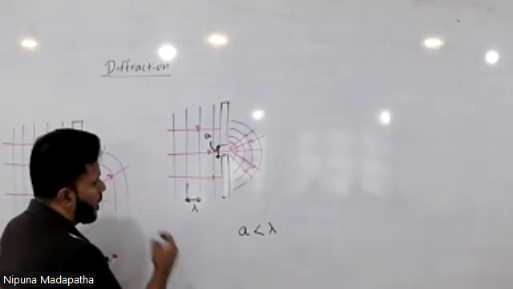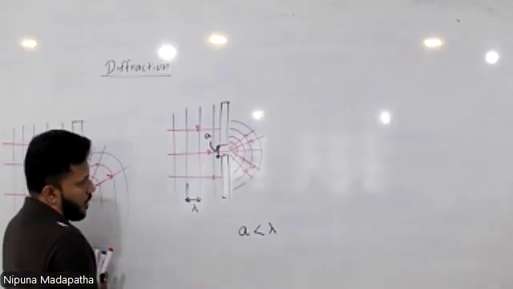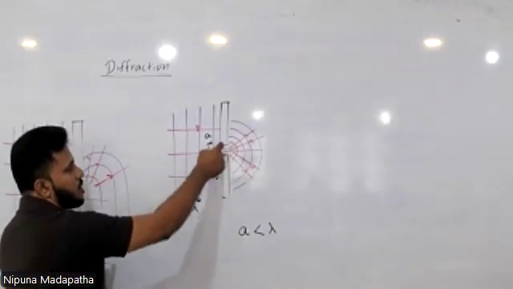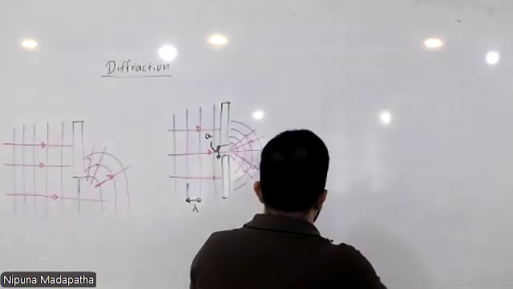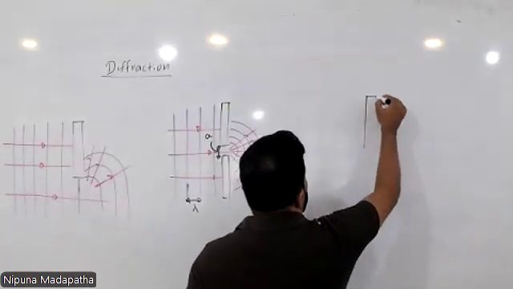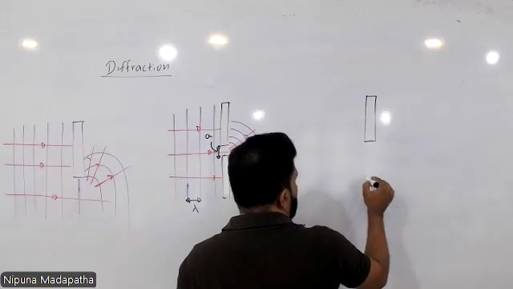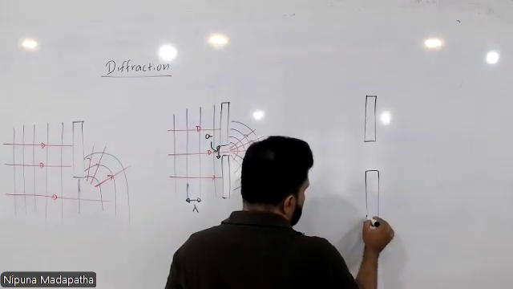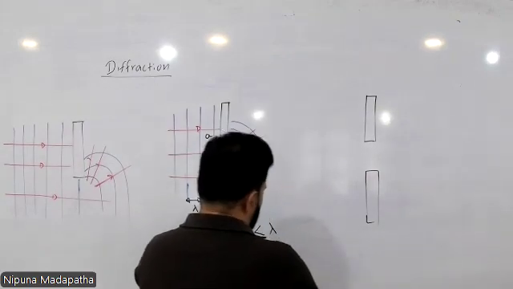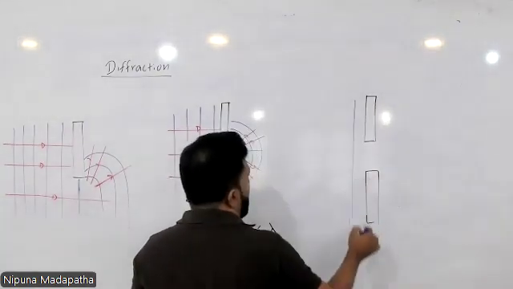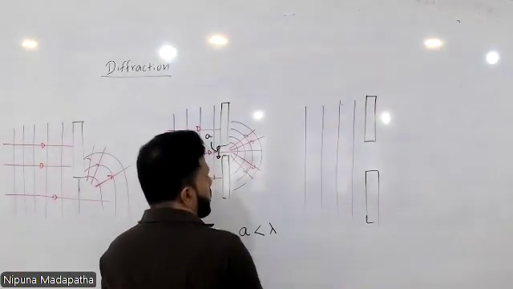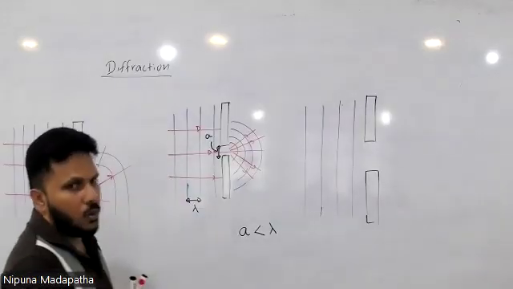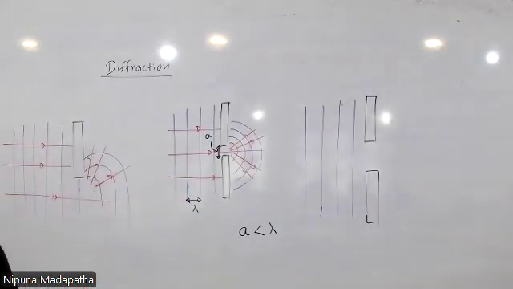So we can demonstrate that. Suppose now we are widening this gap between the two plates like this, keeping the wavelength the same.